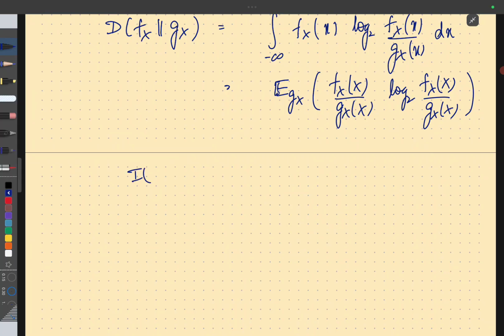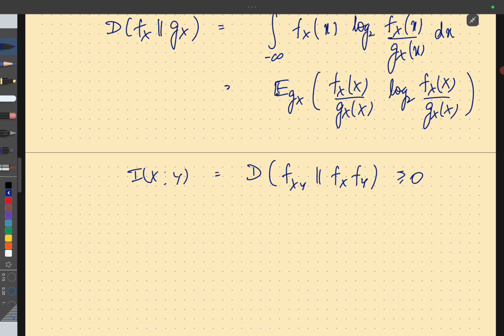So the mutual information I(x;y) is basically just the KL divergence between fxy and the product distribution fx fy, which is guaranteed to be non-negative.